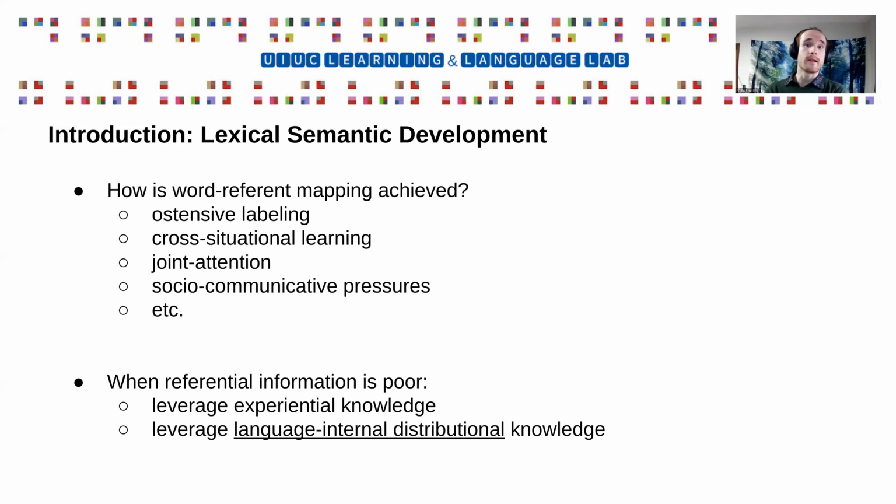So if you were to leverage distributional information, right, language internal statistical information, you could infer semantic category membership of gorilla, right? You couldn't infer exactly what gorilla meant, but you can get into an approximate ballpark meaning for that word.